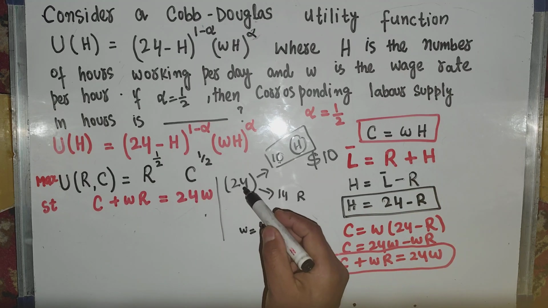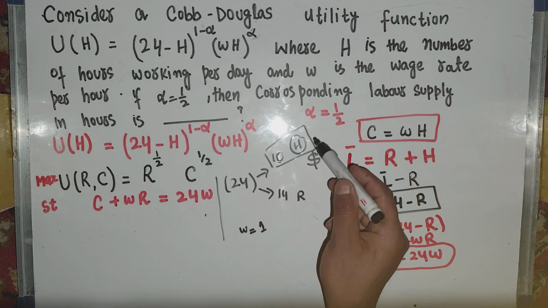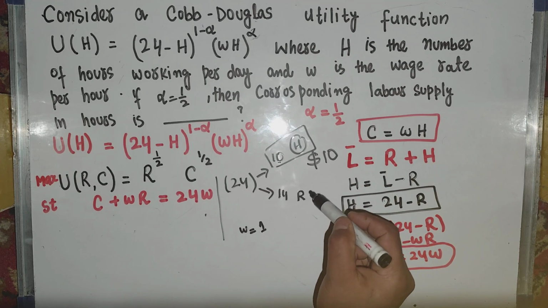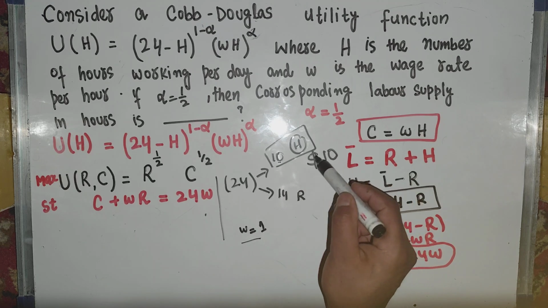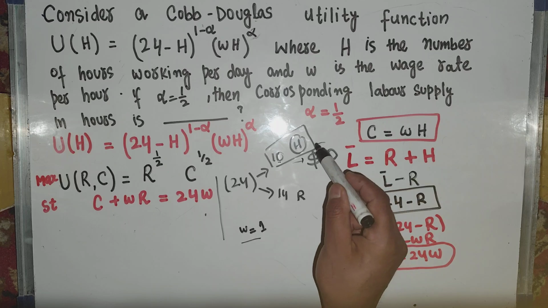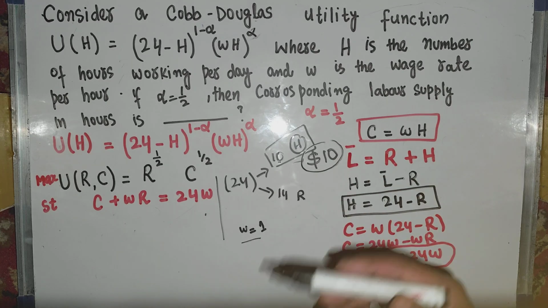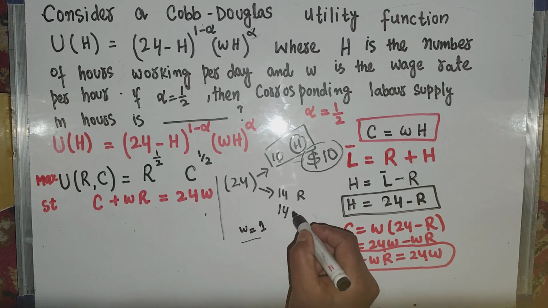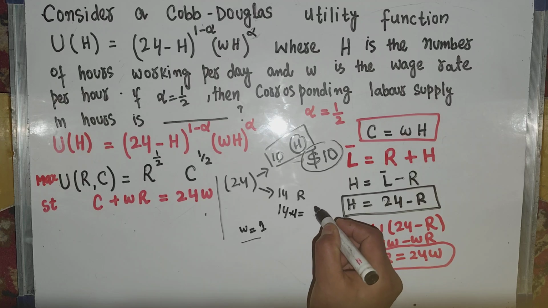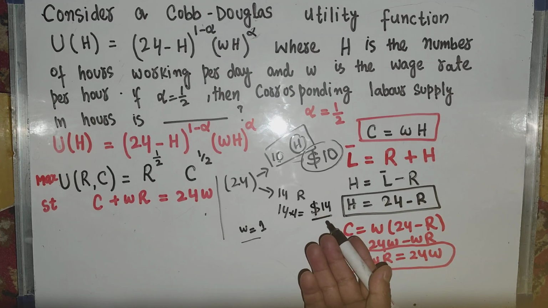If a person has 24 hours available, and is using 10 hours for working and 14 hours for leisure, and the wage rate is 1, that means he will get $10 as income from working. And 14 into 1, $14 he is spending on leisure, obviously.